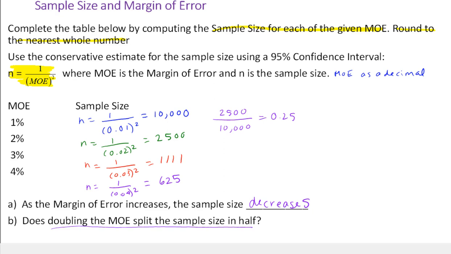We can also compare 2% and 4%. So let's look at these two, because 4% is double 2%, that's why I chose that. Whoops, I wrote that in the wrong direction. We can see that 625 is not half of 2,500, but let's see what percent or fraction it is.